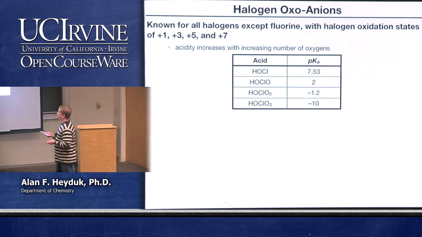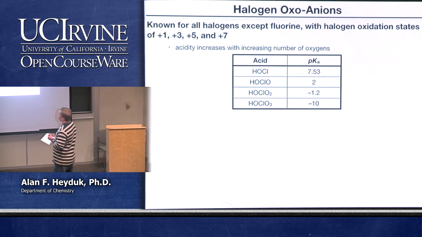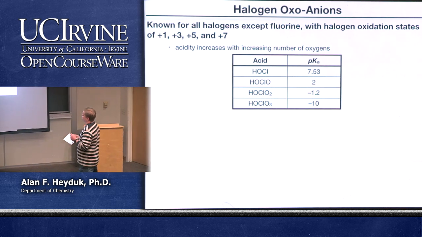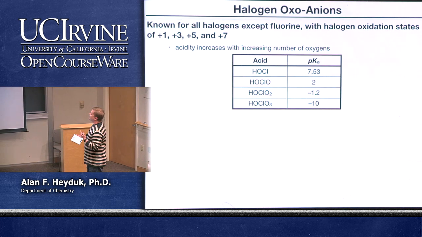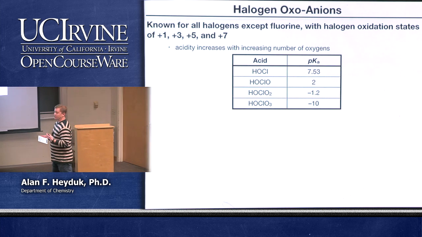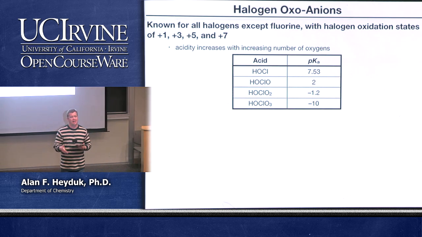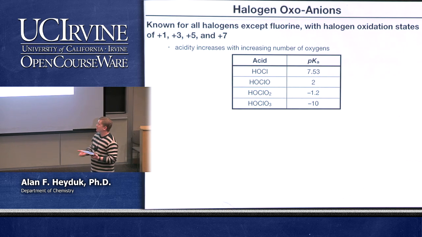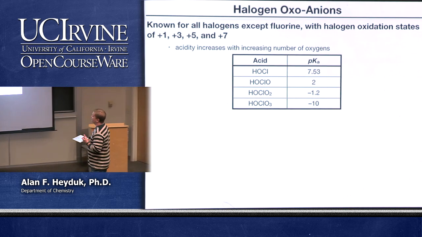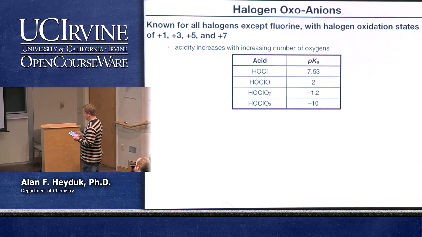So here we have the acid of hypochlorite, chlorite, chlorate, and perchlorate. And you can see that as we add more oxygens to the chlorine, the acid becomes stronger and stronger. Okay? Again, this should make sense to you because as we add more oxygens, the chlorine oxidation state is going up, and the ability of the anion to hold on to that proton is going down.